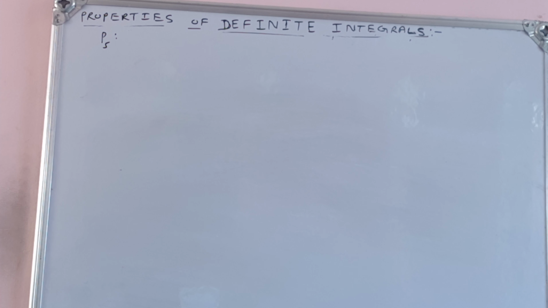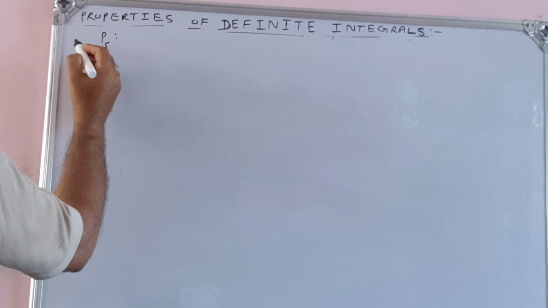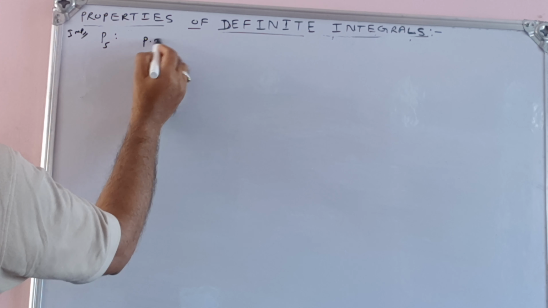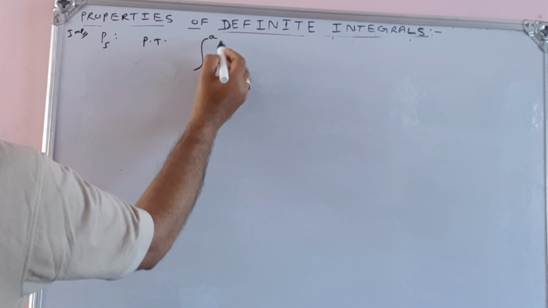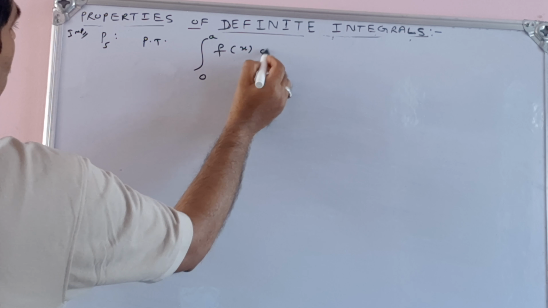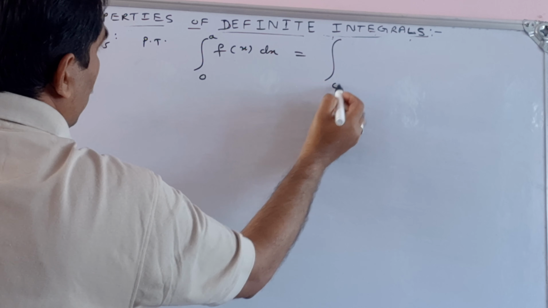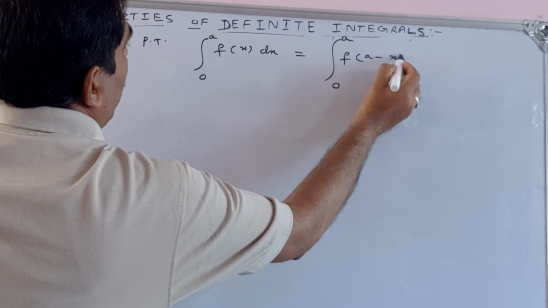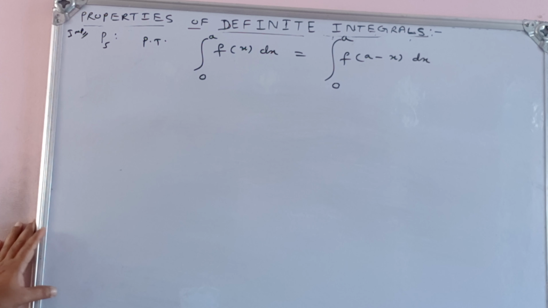So what is this fifth property? Very important property. Prove that the integration 0 to a f of x dx is equal to the integral 0 to a f of a minus x dx. So observe the property carefully. This is the fifth property.